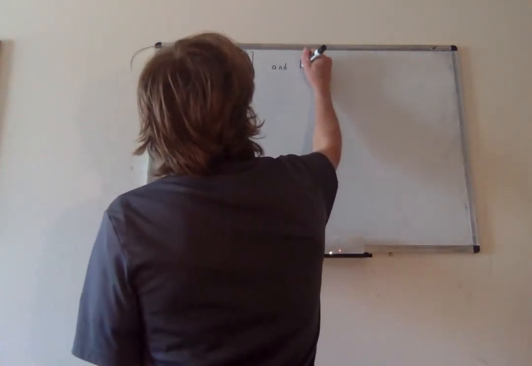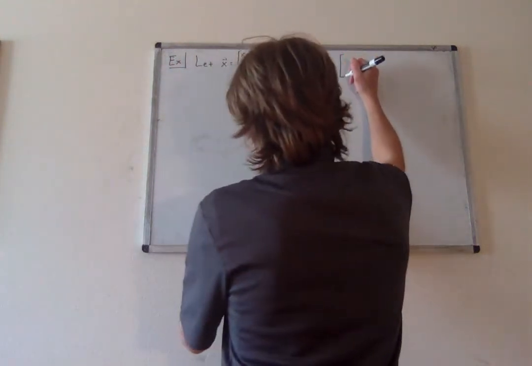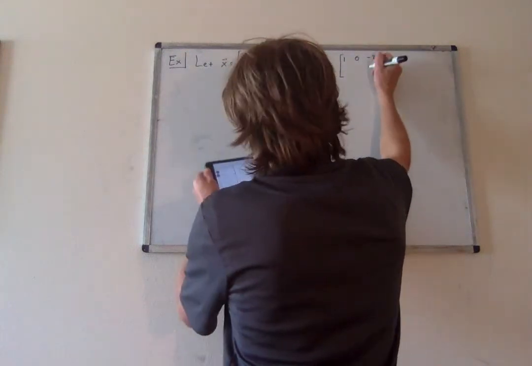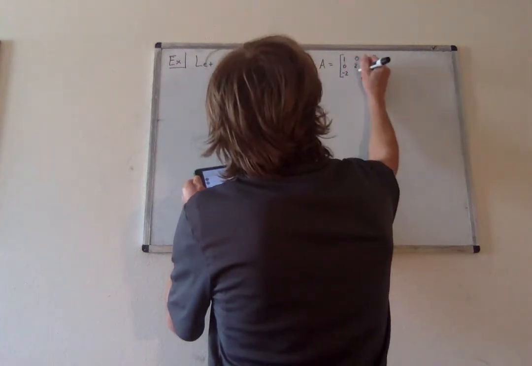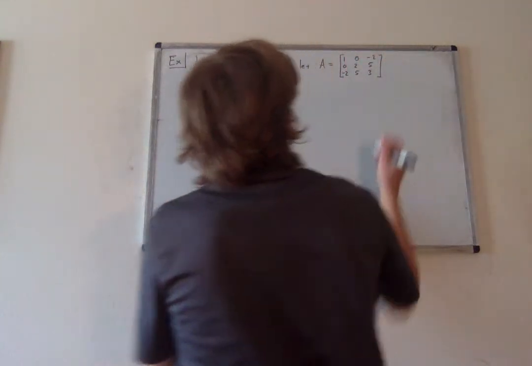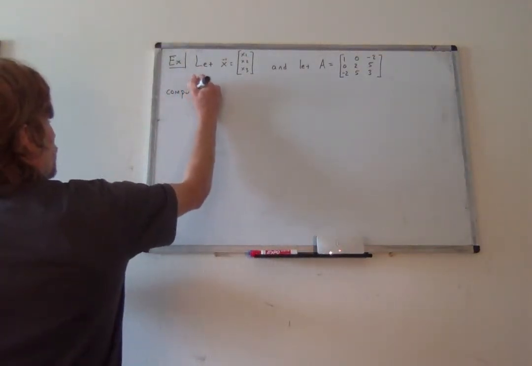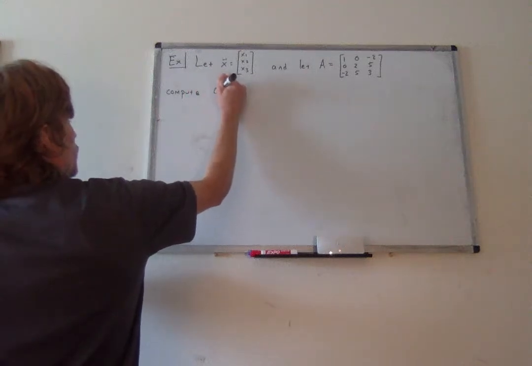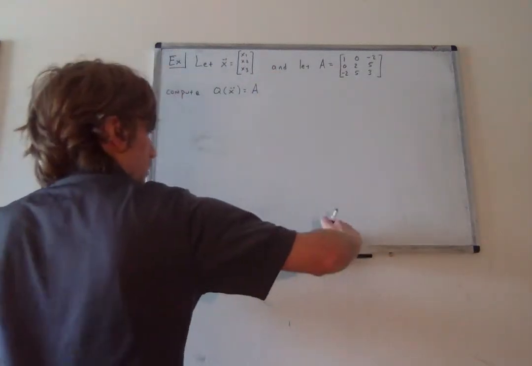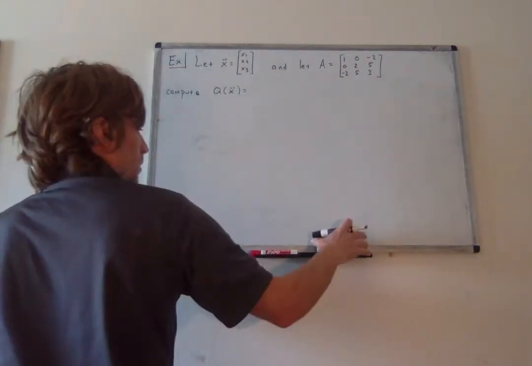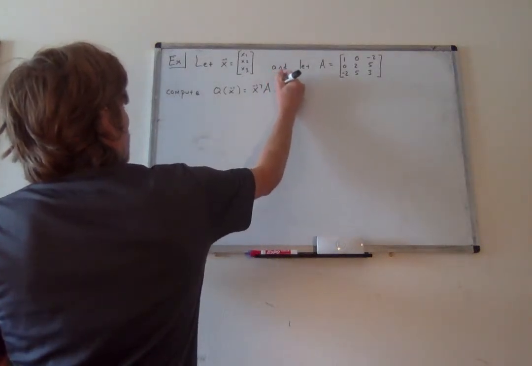And this time we're going to let A be the matrix 1, 0, -2, 0, 2, 5, -2, 5, 3. Make sure that's symmetric. Yes, it is. And so we want to compute the quadratic form with matrix A. So that is Q of x is equal to x transpose times A times x.